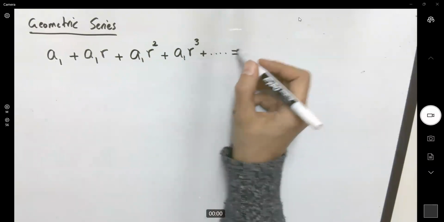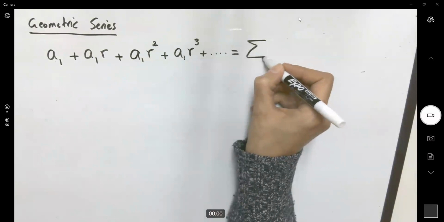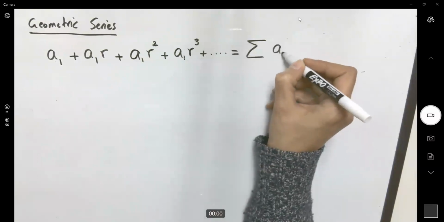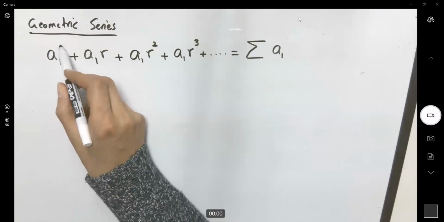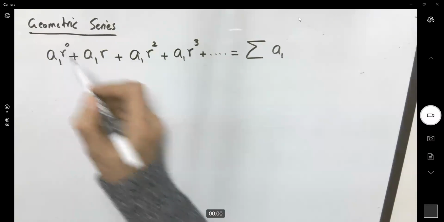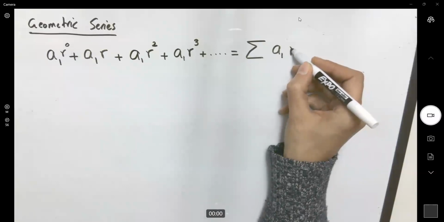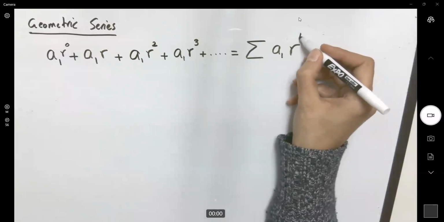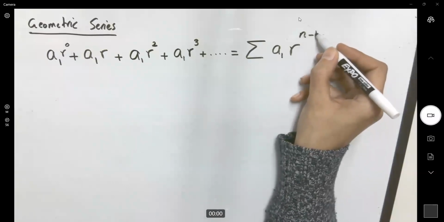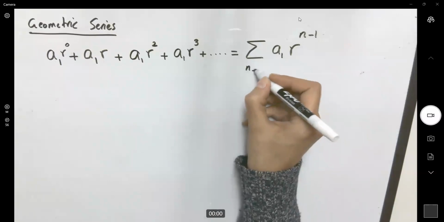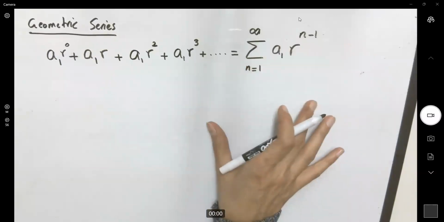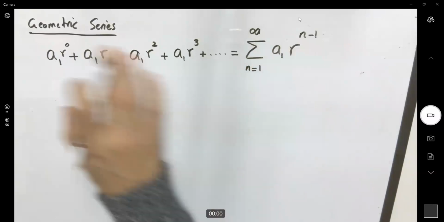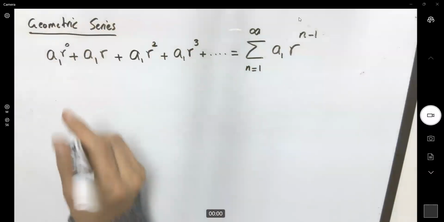This becomes the sum of a sub 1 and r. This is r to the power 0. So if you want to write this with an exponent, the exponent becomes n minus 1, and n starts from 1 to infinity. This guy is called a geometric series.